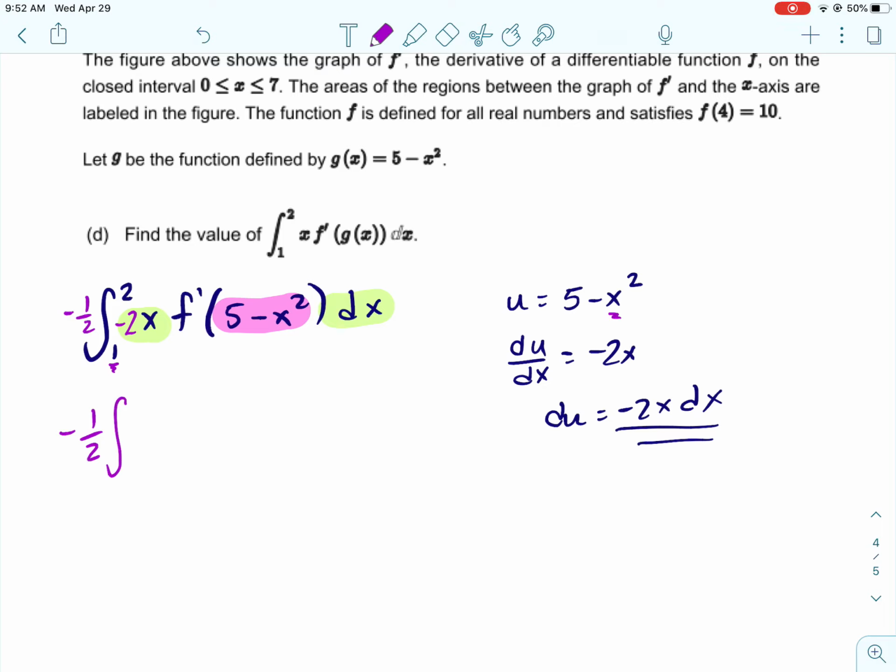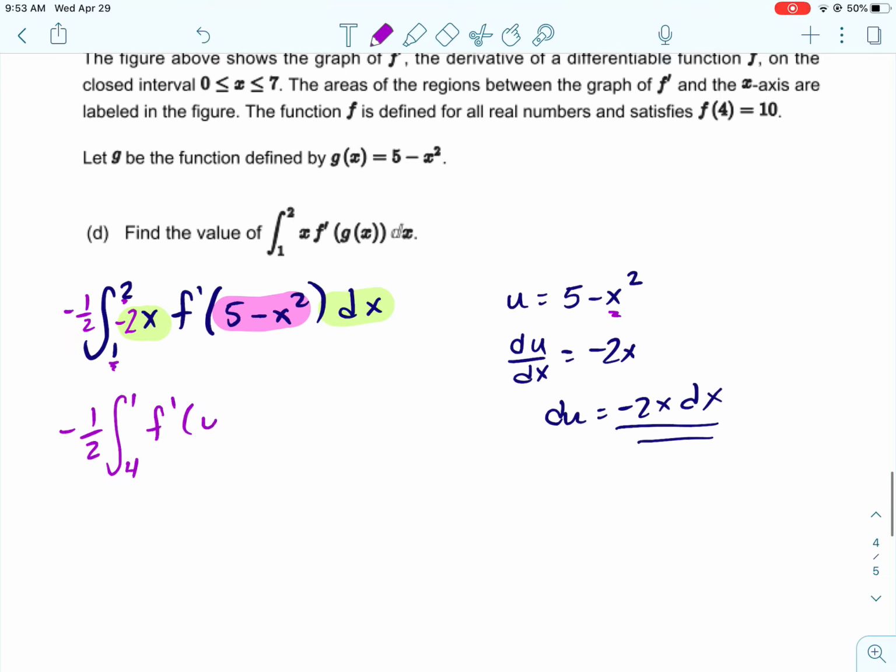Ooh, don't do what I almost did. Because now I'm about to not have any x's, I'm going to have all u's, I have to change my upper and lower limits. So everything has to be u's. So we would take 1 and we would plug it in for this x. So it would be 5 minus 1 squared, which is 4. And then we would take 2 and we would plug it in for x.